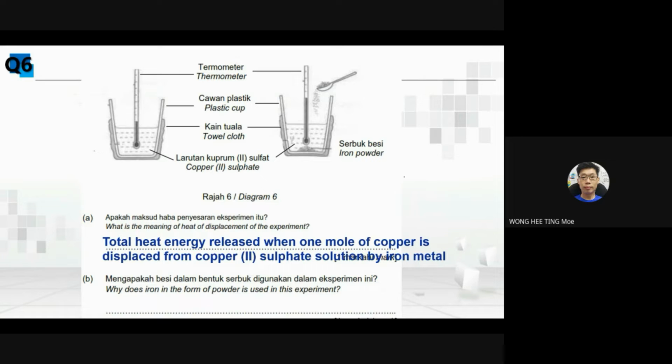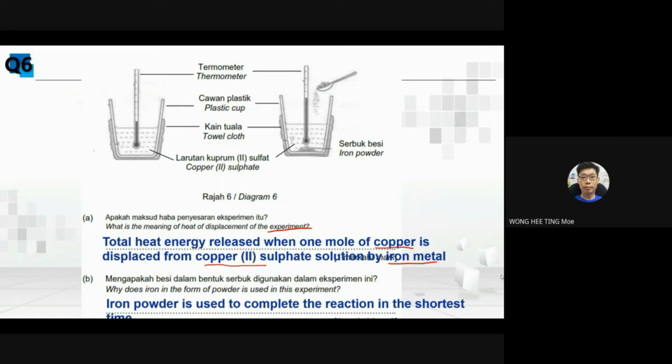Because we want to focus on this experiment. Now, why is the iron used in the form of powder in this experiment? This is related to the rate of reaction actually. Iron powder is used to complete the reaction in the shortest time, or to increase the rate of reaction.